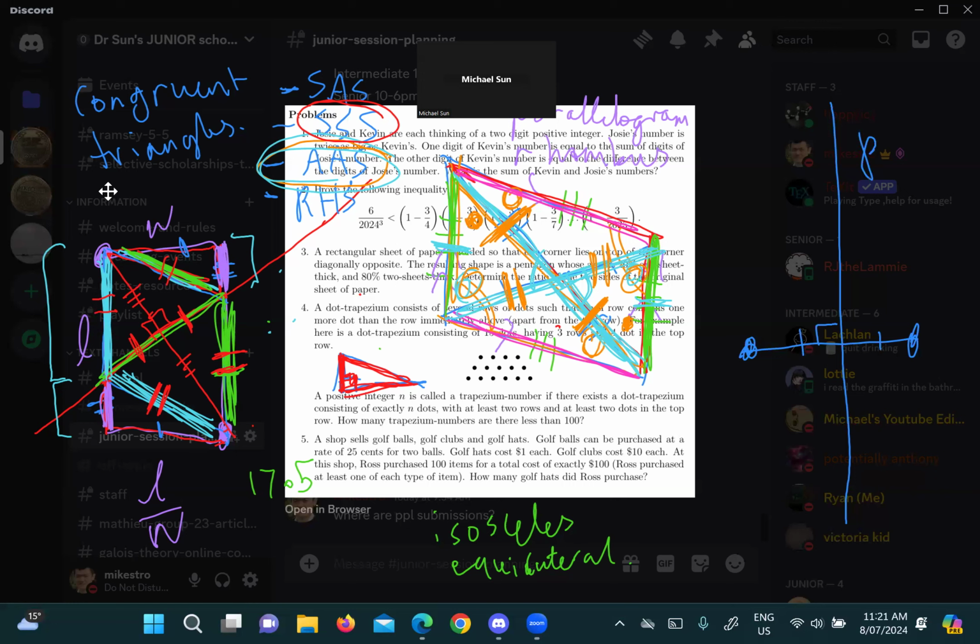This is called the perpendicular bisector. Does that make sense? So a perpendicular bisector is literally all the points which are the same distance from these 2 points. And they form a line right down the middle.